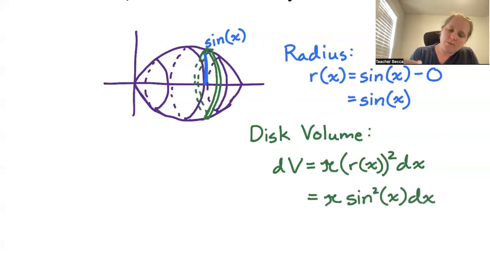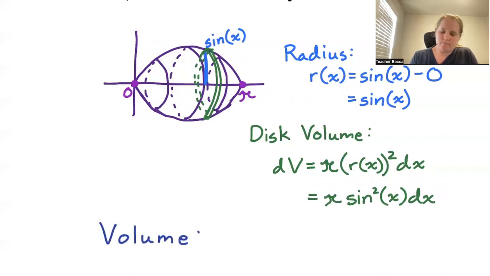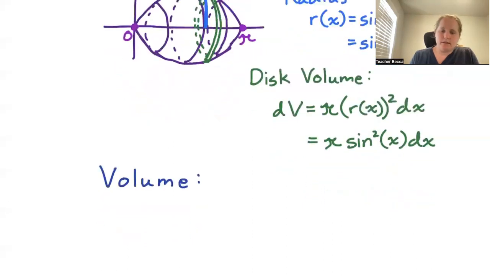Again, I didn't label them here. The solid starts at x equals 0. The solid ends at x equals pi. So for our overall volume, we will look at the definite integral from 0 to pi of our dV.